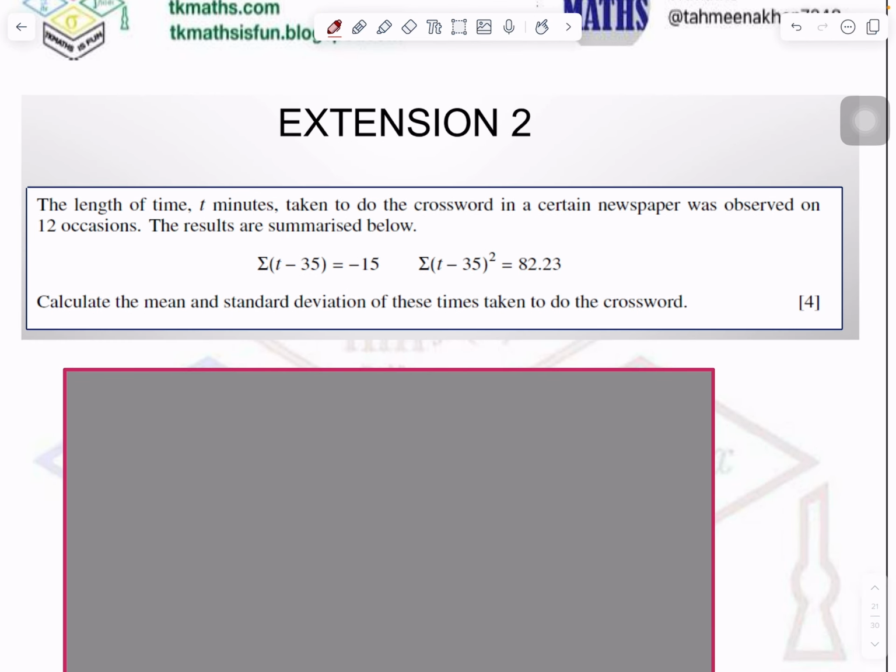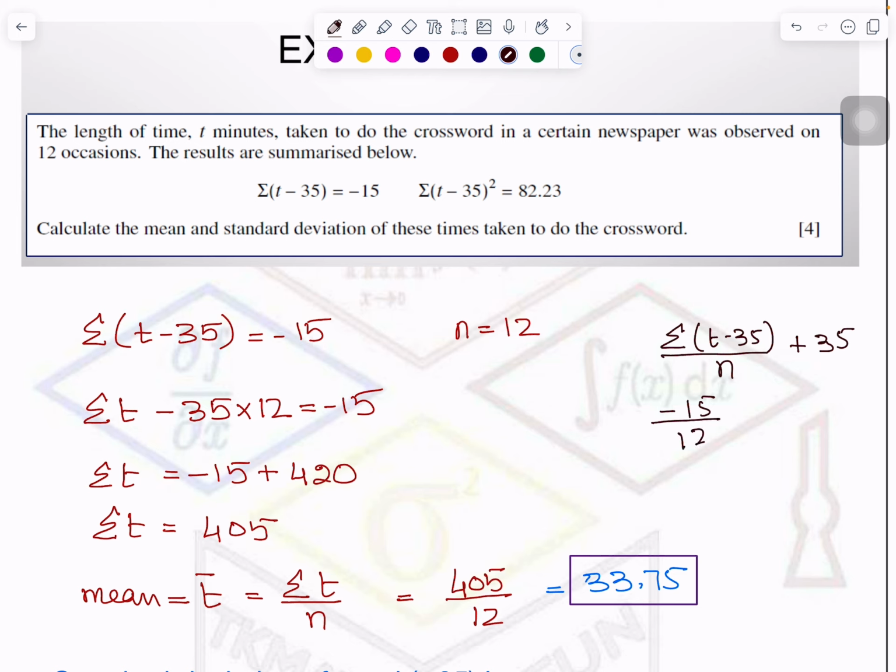So let's do it that way also. N is 12. So let's pick up the calculator. And definitely the answer had to come the same, right? In the previous video I told you both methods. Either you have done it by this method or by this method, both are fine.